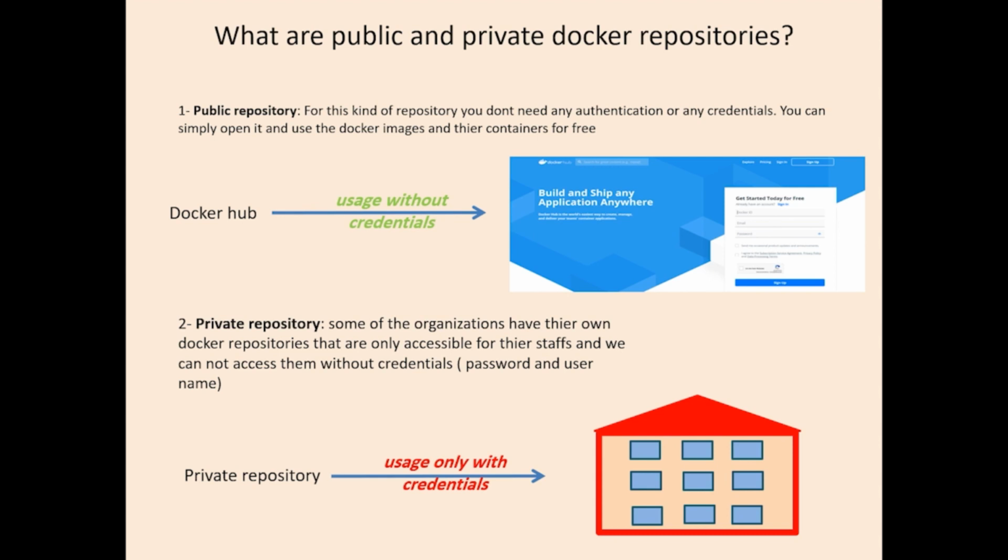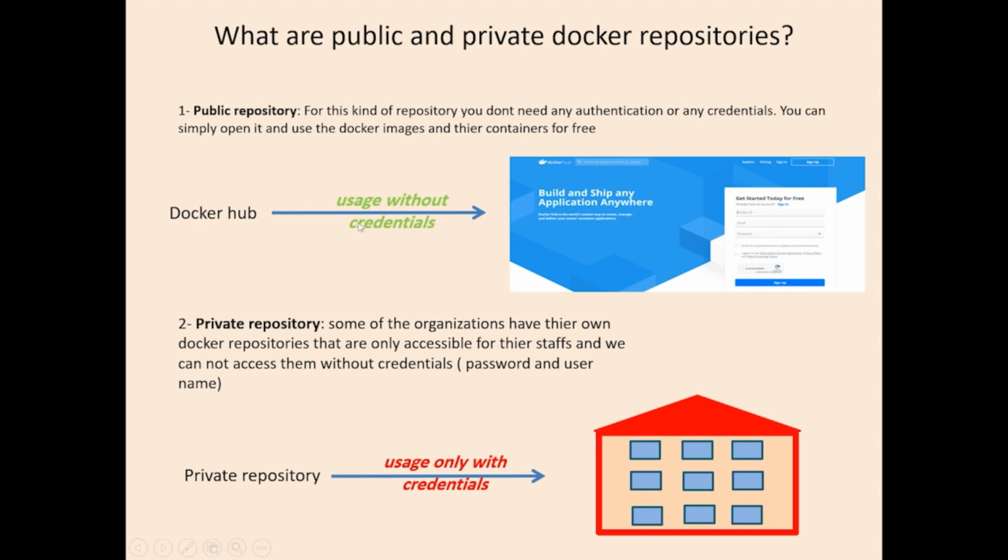So guys, that is the difference between a public and a private repository. In simple words, we can use all the Docker images without any credentials in a public repository, but a private repository belongs to a company, to an organization for its own Docker images and applications, and for that we need credentials, username and password.